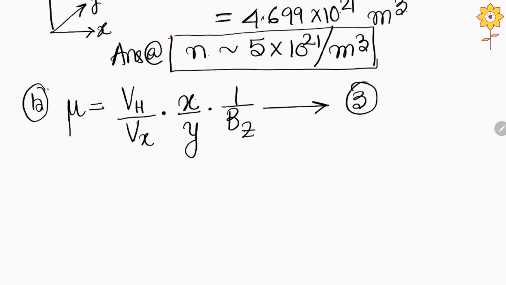So now substituting the respective values. I know the value of VH, which is going to be equal to 8 millivolts, which is 8 into 10 raised to minus 3.